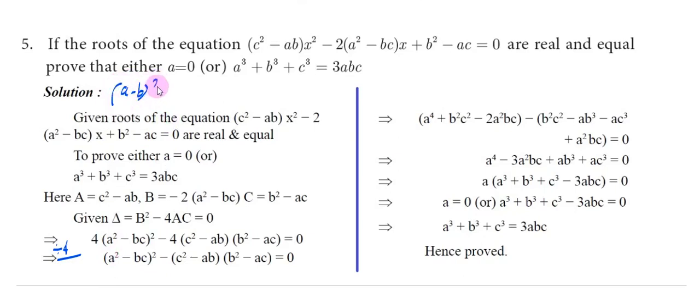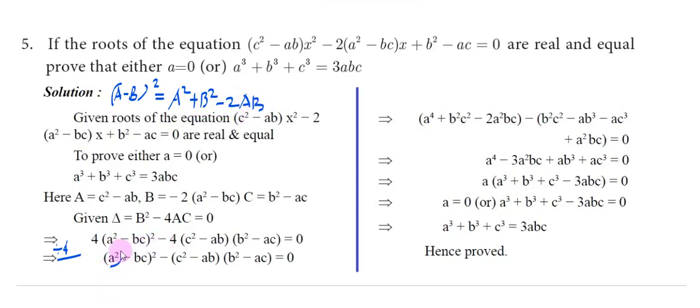Already here we are using small a, small b, so you should not be confused. I take capital A, capital B here. (A − B)² is equal to A² + B² − 2AB.